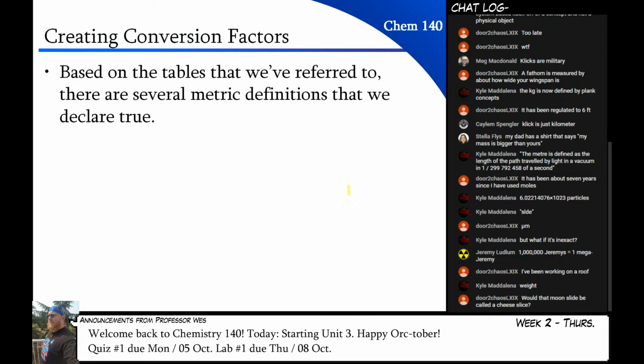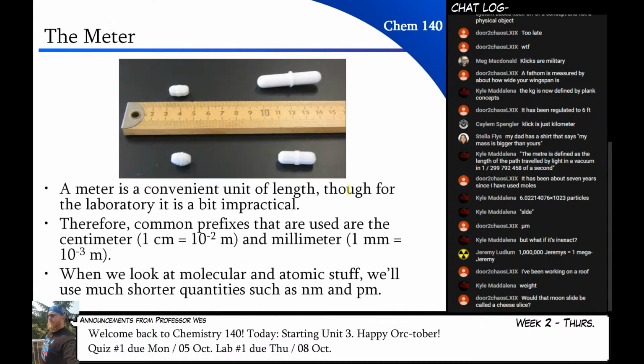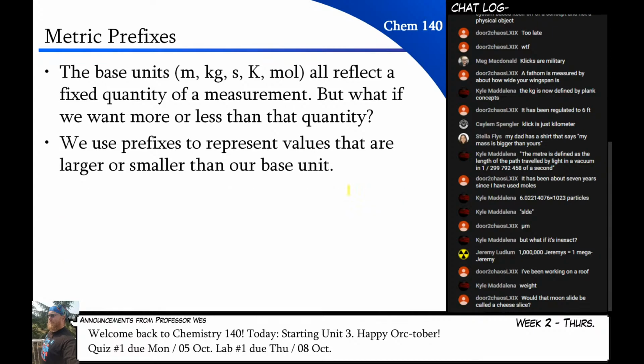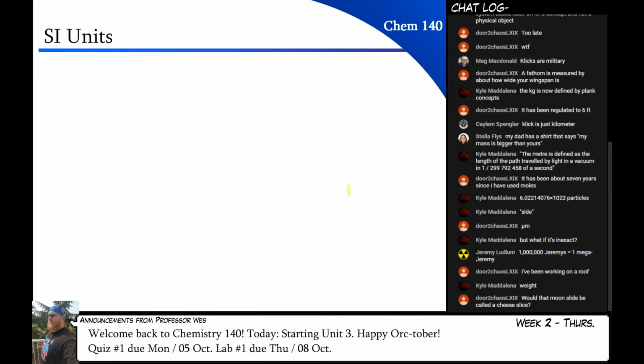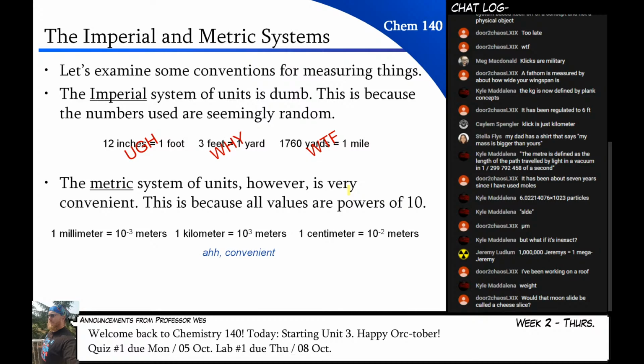Now, in order to do any conversion factor using dimensional analysis, we need those relationships that we established on the previous slide. So let me just put some on the screen here. There we go. So these down here.